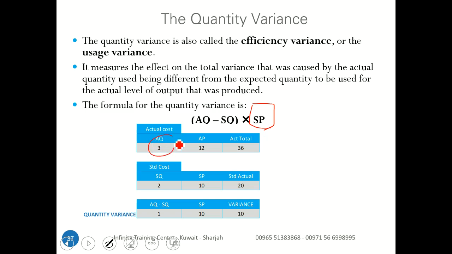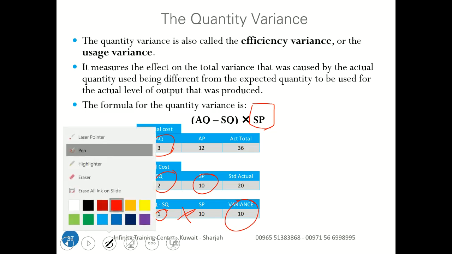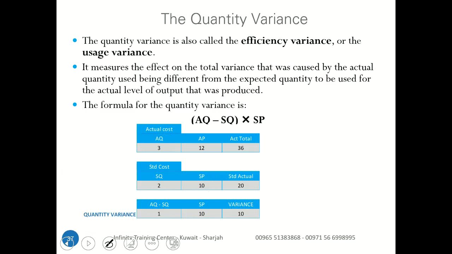So we take this quantity minus this quantity, then the standard price. AQ minus SQ gives us 1, multiplied by 10, so you get a quantity variance of $10. Because you used 1 extra unit, you have a quantity variance of $10.